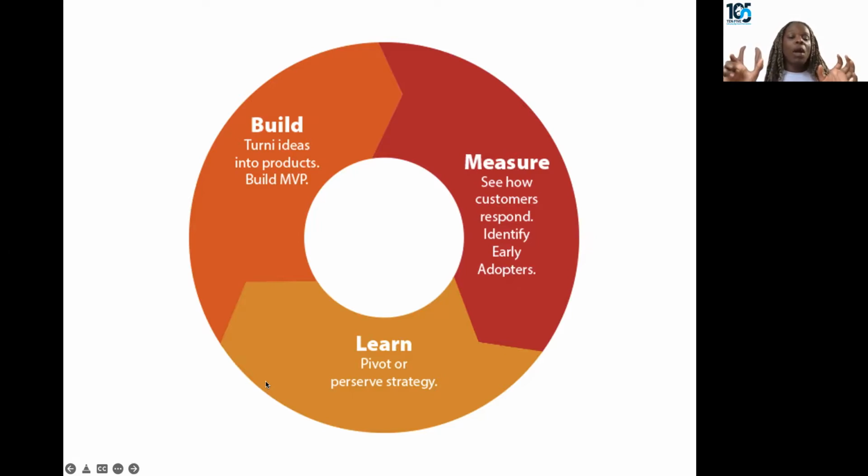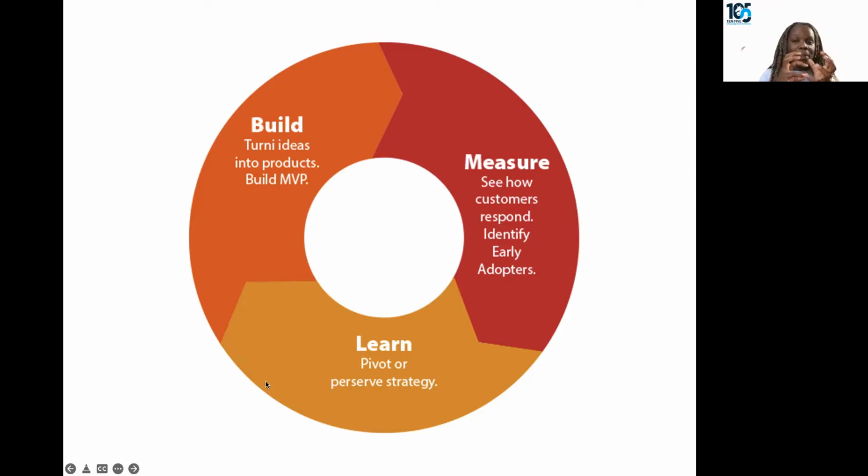So the goal of Lean Startup is to find a product-market fit by moving a minimum viable product through the build, measure, learn feedback loop. You take the innovative idea we've been working on for the past six weeks and take it through build, measure, learn.